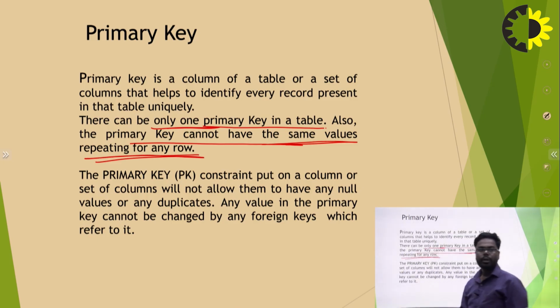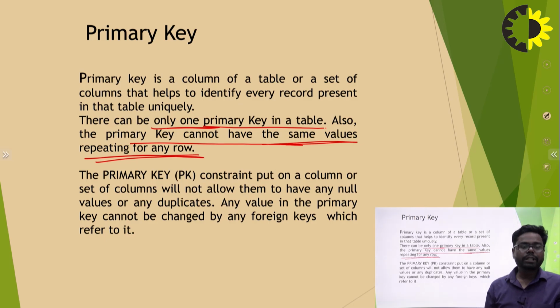Primary key, as we write it, PK, is a constraint put on a column or set of columns which will not allow them to have any null value or any duplicates. Any value in the primary key cannot be changed if a foreign key refers to it.